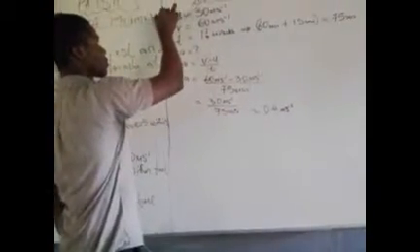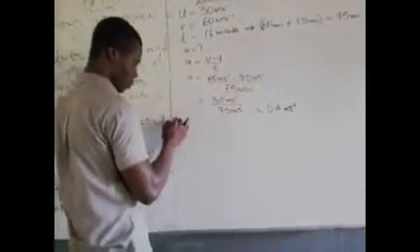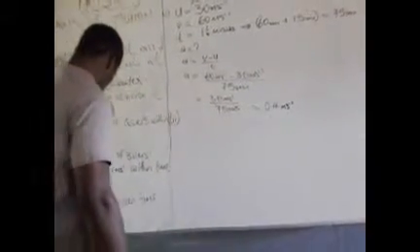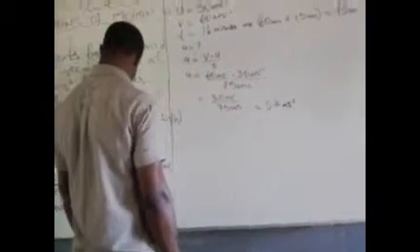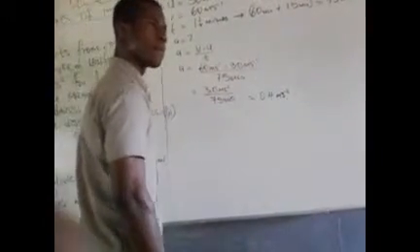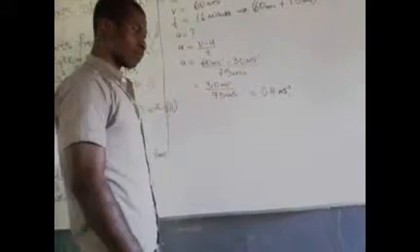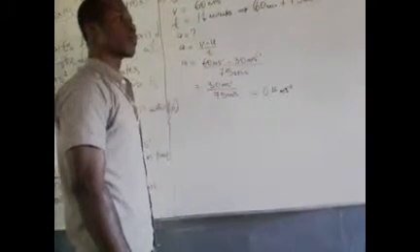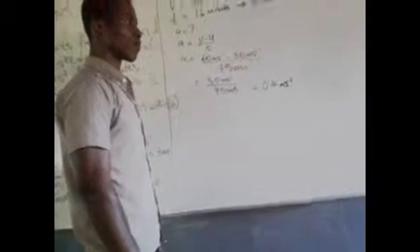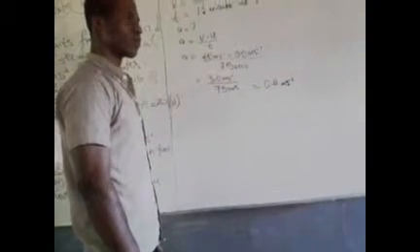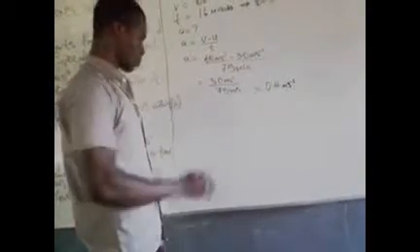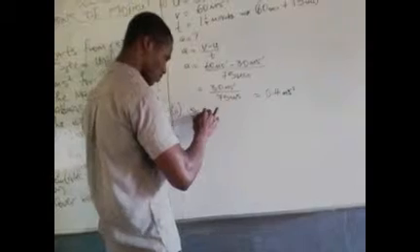Then the second part of this question says we should calculate the distance covered during this time. We can still use the equation 2 that we used in the first one. But just as I told you, if you have used one of the equations of motion to solve one question, to solve the question following it, you can use any of the other equations. So in this case, let us apply s equal to ut plus half at squared.